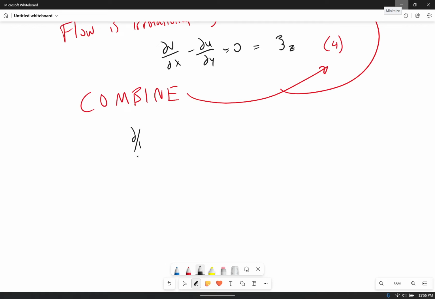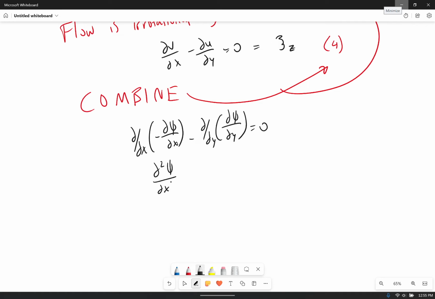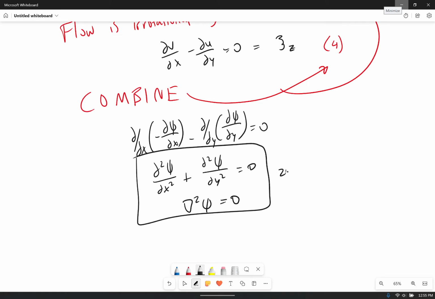So I get ∂/∂x of negative ∂ψ/∂x minus ∂/∂y times the gradient of my stream function with y is equal to 0, or that ∂²ψ/∂x² plus ∂²ψ/∂y² is equal to 0. And once again, I can write that as something like this. That's the shorthand. So this one right here is 2D. The other one is 3D. Just remember that, don't forget that.